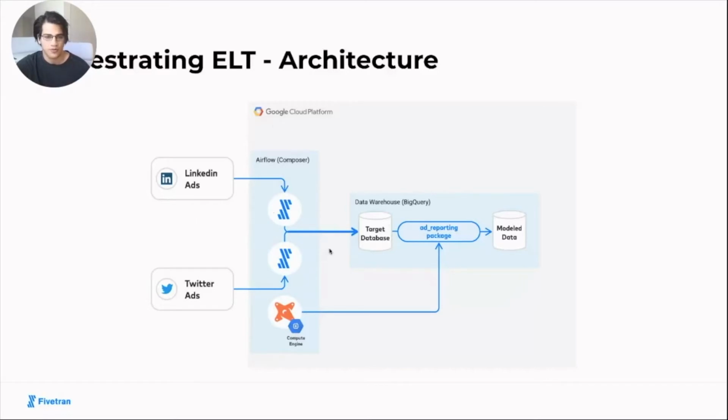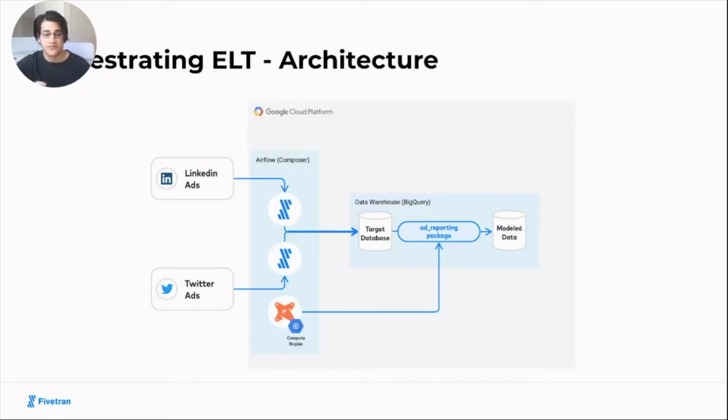And you could call this particular setup a GCP implementation of an orchestrating ELT architecture, because as you'll see in the demonstration, I'm using Composer, which is GCP's managed Airflow offering, BigQuery, which is GCP's data warehouse, and Compute Engine, which is GCP's virtual machine service.